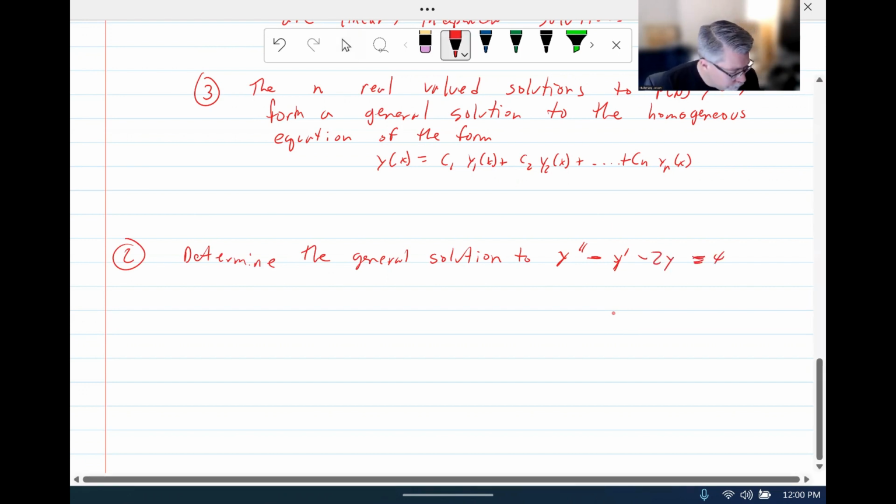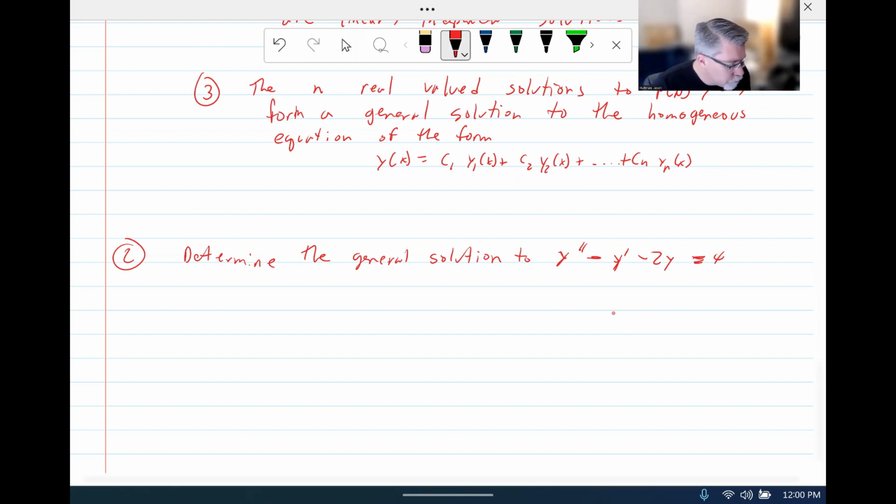So our polynomial differential operator P of D is going to be equal to D squared minus D minus 2.